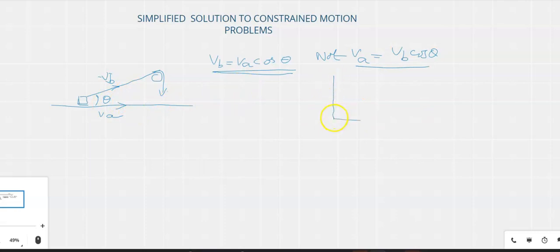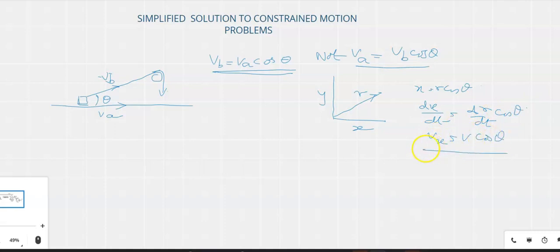Suppose we take y and x, this is r, then x is r cos theta, okay, then we will have dx by dt is equal to dr by dt cos theta, which is Vx is equal to V cos theta.